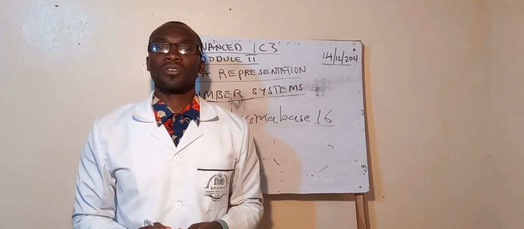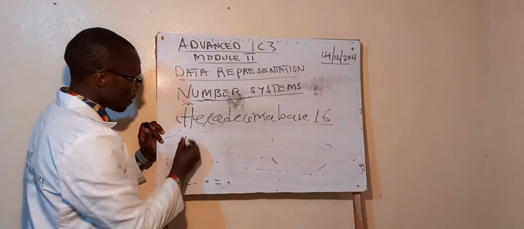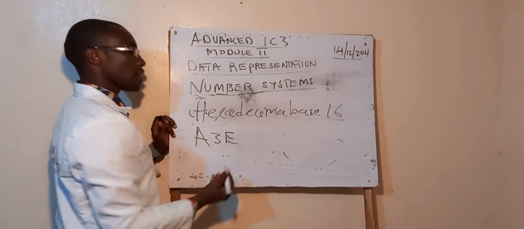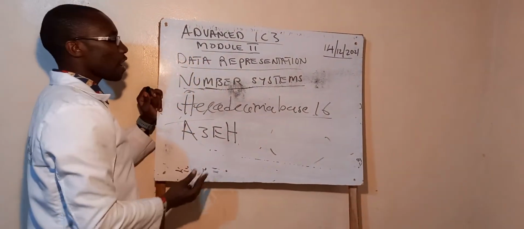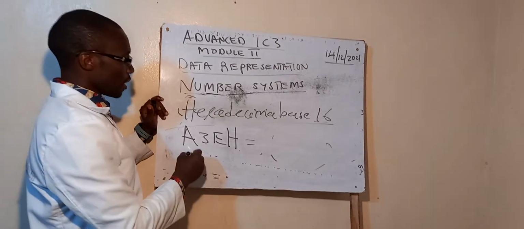It's a positional notation. For example, we have A, 3, E, then we add the symbol for hexadecimal, which is H. Now, you've been told to convert this. What should you do?